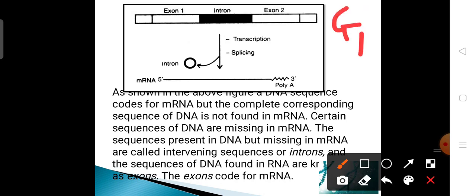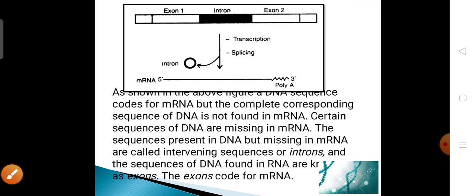The complete gene 1 is not transcribed into mRNA. Why? Some region of the gene is missing in the mRNA. The region of the gene which is missing in the mRNA is called intervening sequence or introns. And the sequence of DNA which is transcribed to form the mRNA is known as exons.